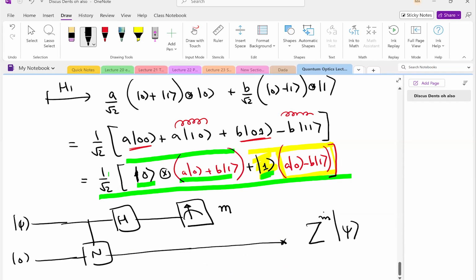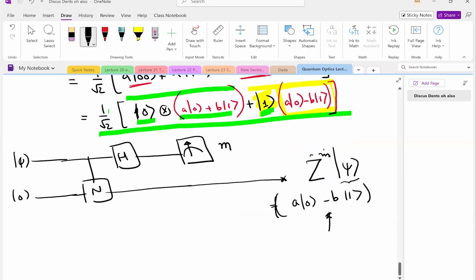If M is 0, I have psi. And if my M is 1, I have the Z operator acting on psi, which gives me A0 minus B1. So this is the state if my outcome is 1, and if my M outcome is 0, my output state is A0 plus B1, which is the same as psi.